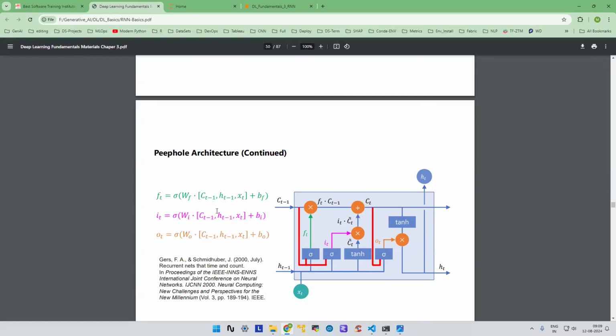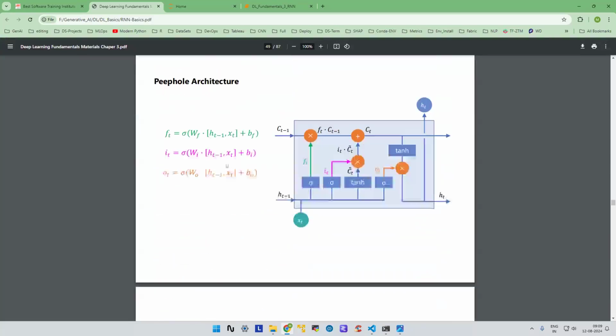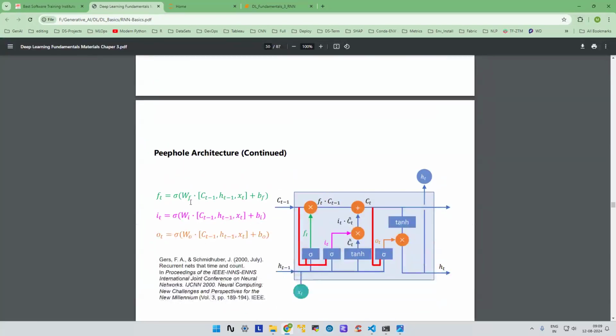So in this case, it's going to be sigmoid activation function of WF into CT minus 1 plus WF into HT minus 1 plus WF into XT. Usually we calculate only WF into HT minus 1, the previous hidden state, plus WF into XT, whereas in this case we are even including CT minus 1 also.